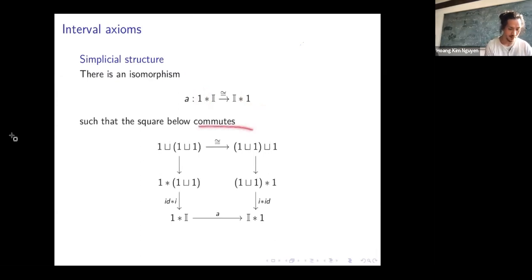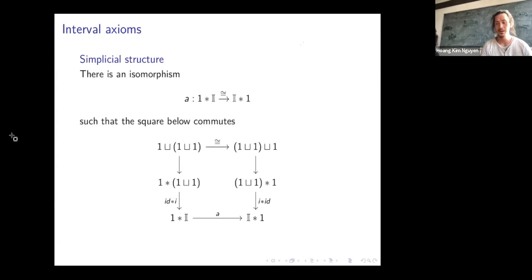So here is just the isomorphism coming from the coproduct, and it should be compatible with this associativity isomorphism. That's what this commutative square expresses.